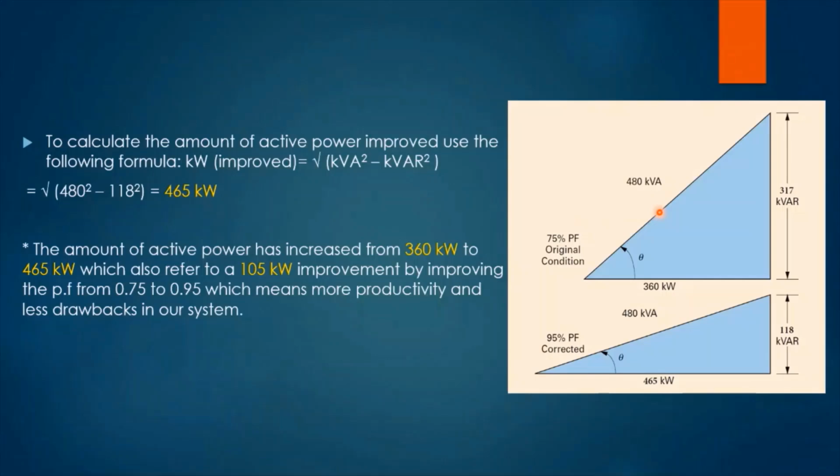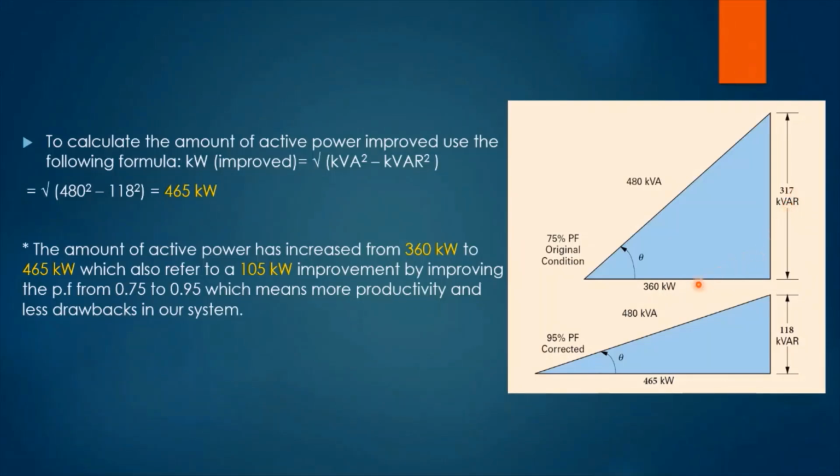Now let's understand what happened exactly using the power triangle. The first triangle here shows the present power factor and its effect on the active load and the reactive load. So we have an active load of 360 kilowatts and a reactive load of 317.